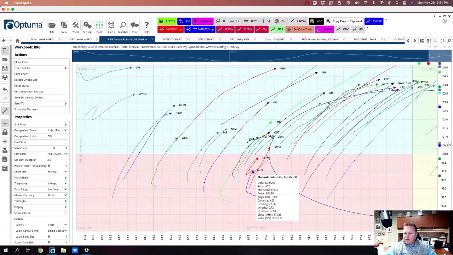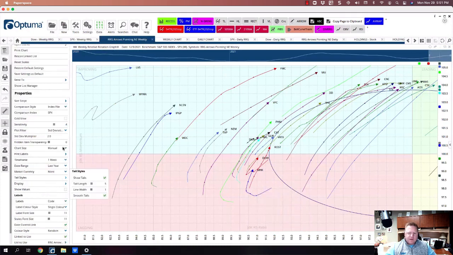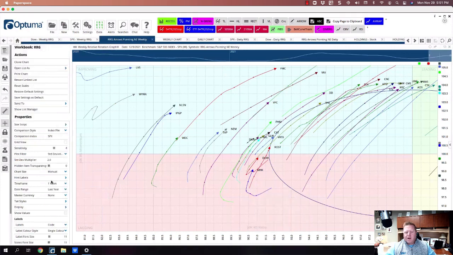MHK, so Mohawk Industries. Let's look at Mohawk, MHK. You can see here 1, 2, 3, 4, 5, because I've got a 5-week tail. So the tails, I have them set for 5 weeks. I can make them longer or shorter.